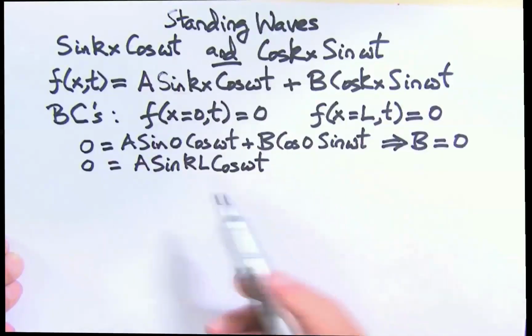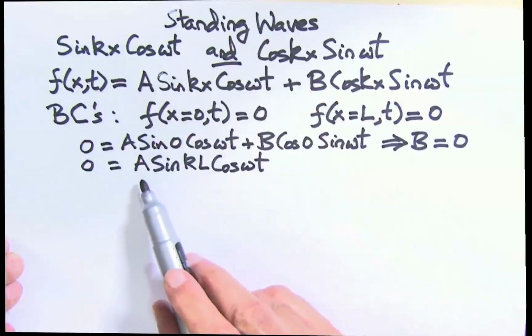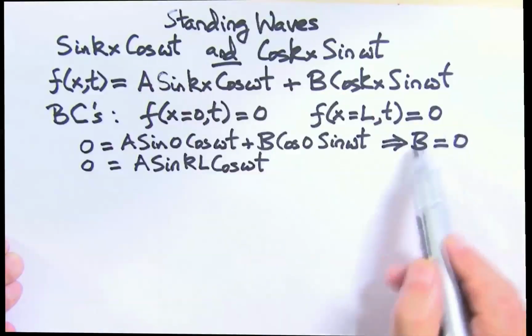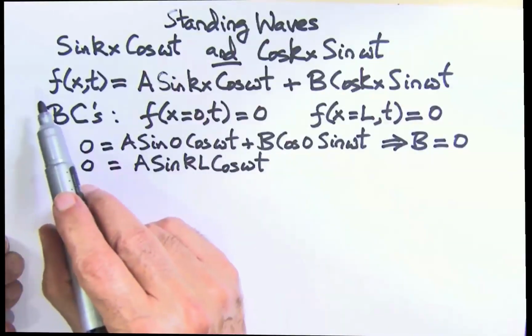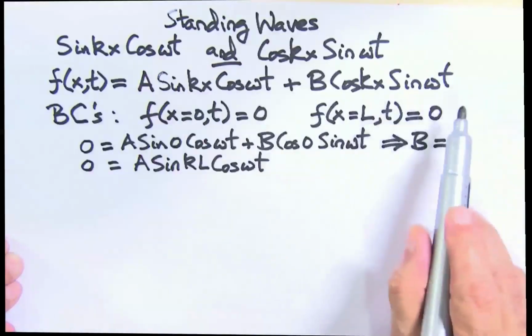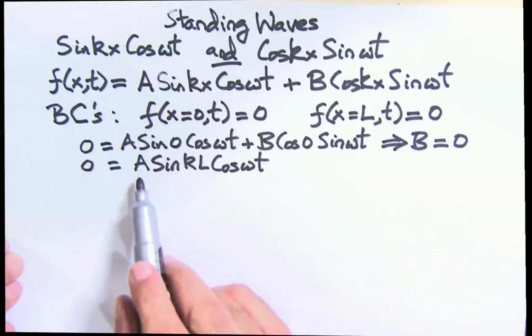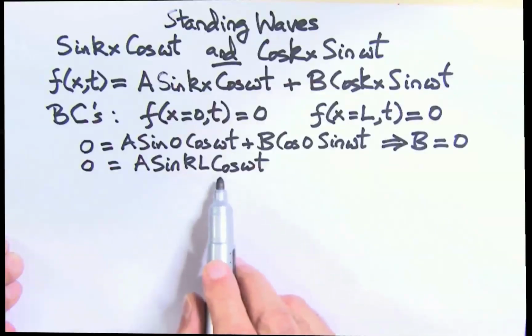Well, we have only one option, which is that A is 0, but if A is 0, then this entire solution is 0, now that we found that B is 0. It would be a solution, but it would be a trivial, very uninteresting solution. So we'll exclude A equal to 0.